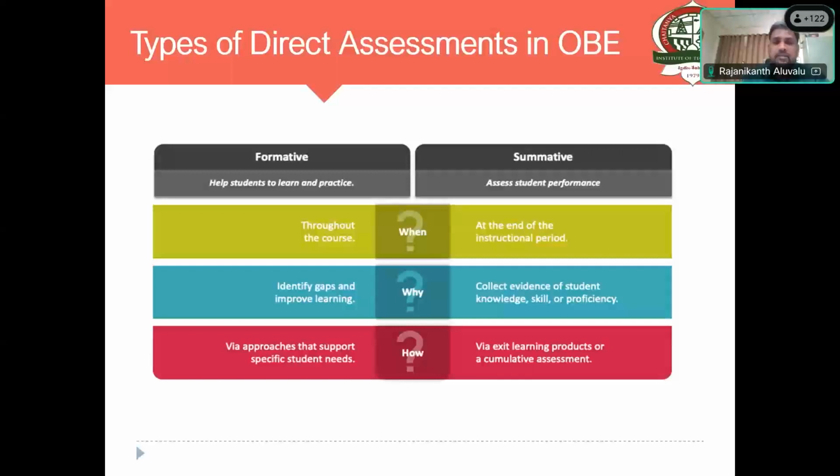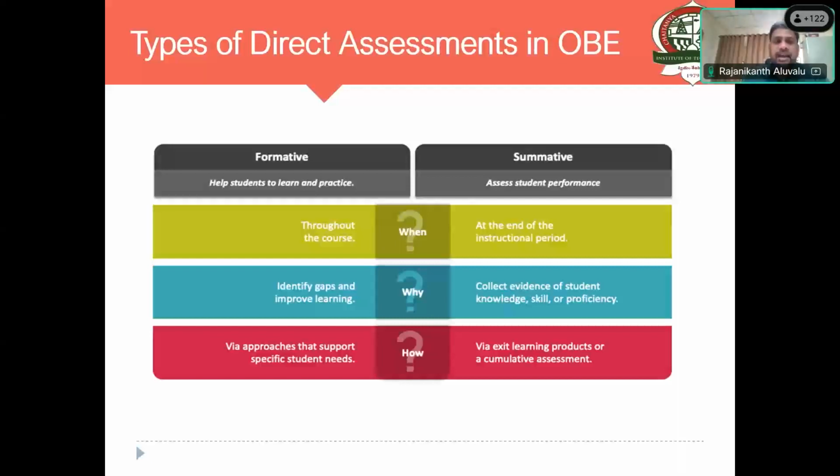And for that, we have further categorization of the direct assessments, and we call it formative and summative assessments. In simple terms, any assessment that takes place at the end of the semester or at a fixed time is called a summative assessment.